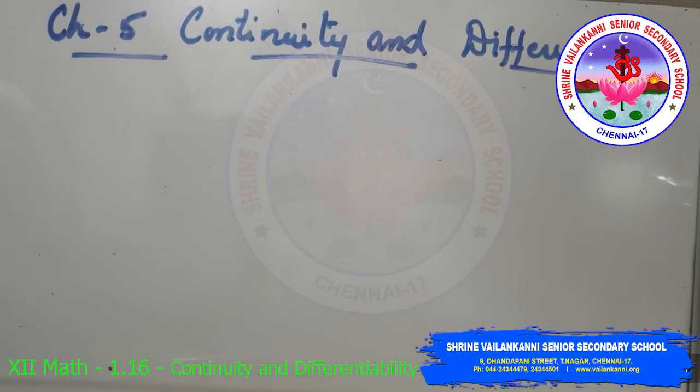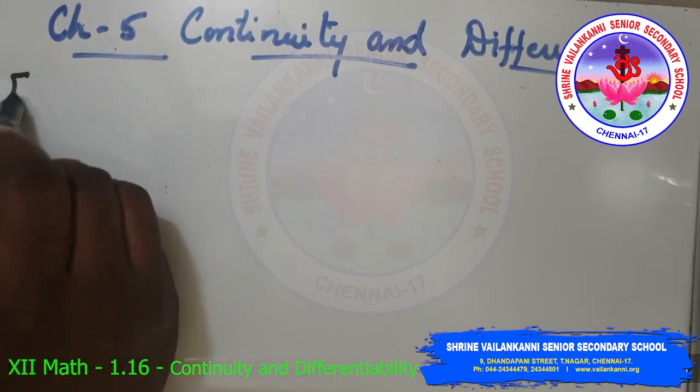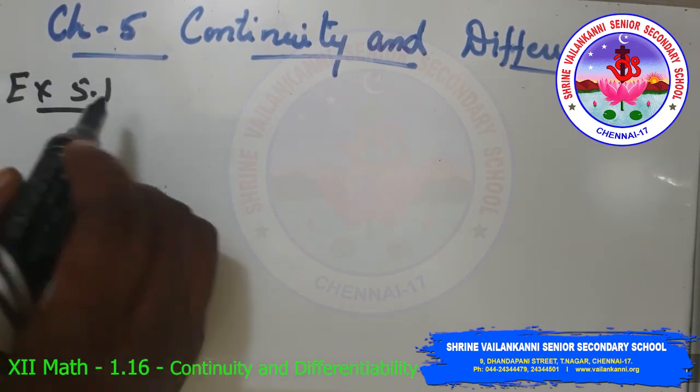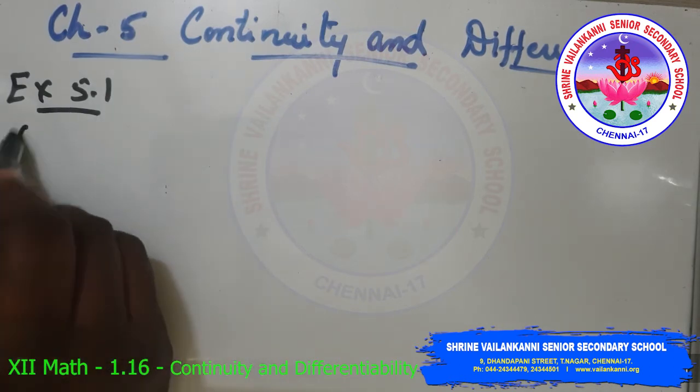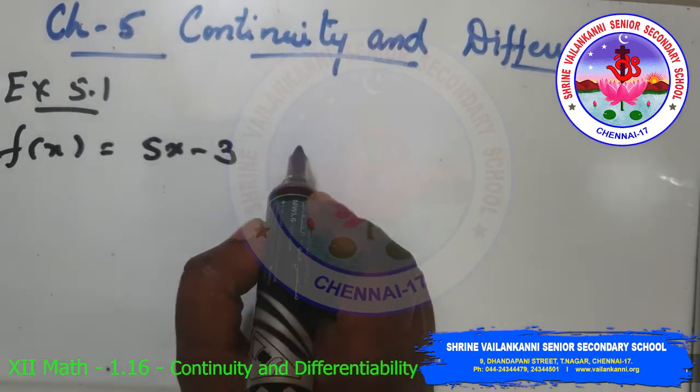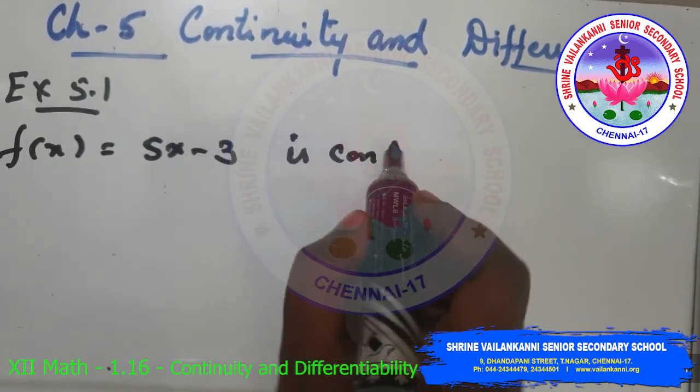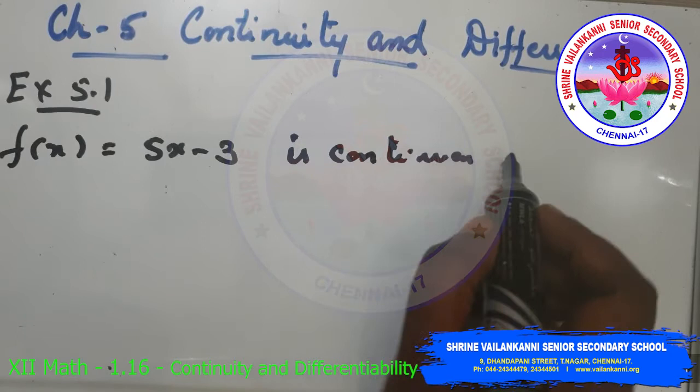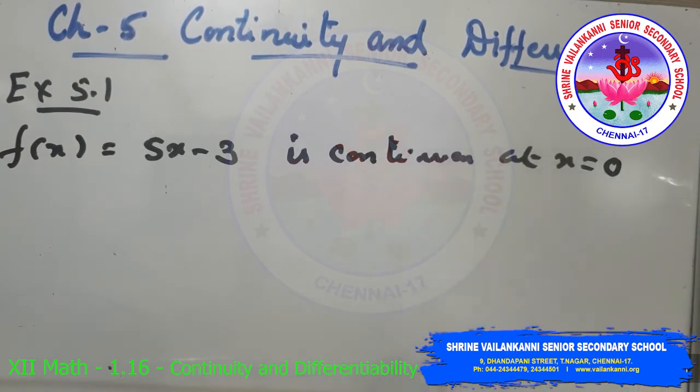Exercise 5.1. Prove that the function f of x equal to 5x minus 3 is continuous at x equal to 0.